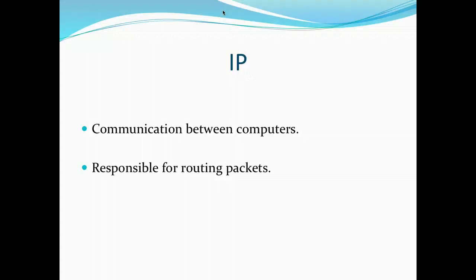IP is used for communication between computers directly, and it's unreliable, but like I said, it lets you send data directly from the computer, and that's what TCP is there for, to help send data reliably. It is responsible for routing packets and receiving packets.